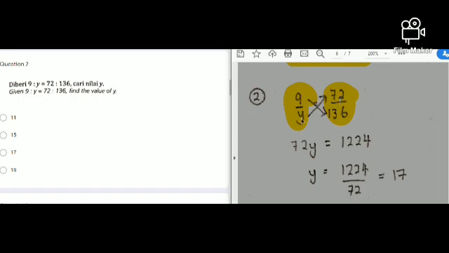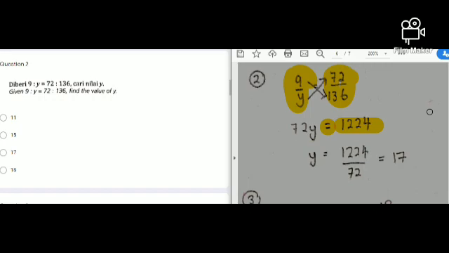So what you need to do next is cross multiply. That is, y multiplied by 72, you will get 72y, equal to 9 multiplied by 136, you will get 1224. This is how you do cross multiply. When there is a fraction, you cross multiply like a butterfly form.